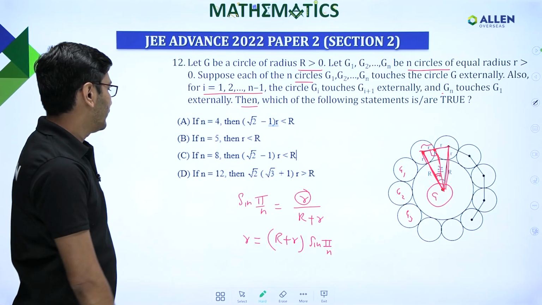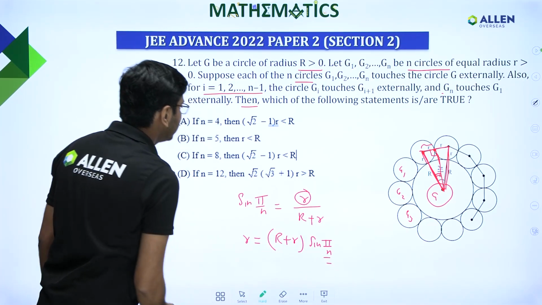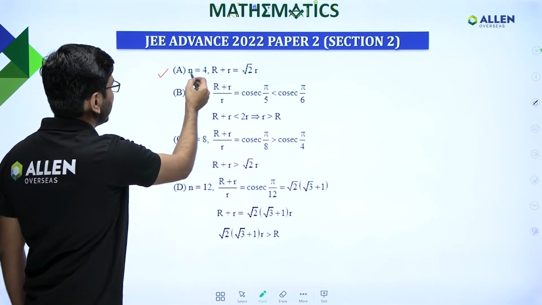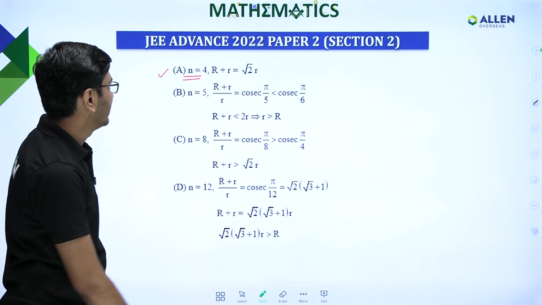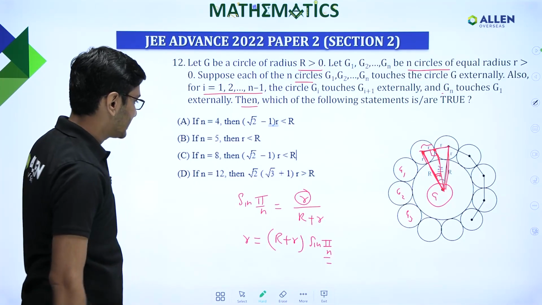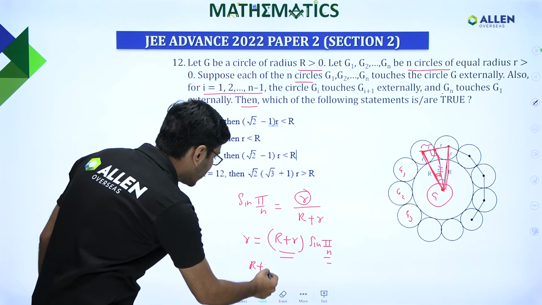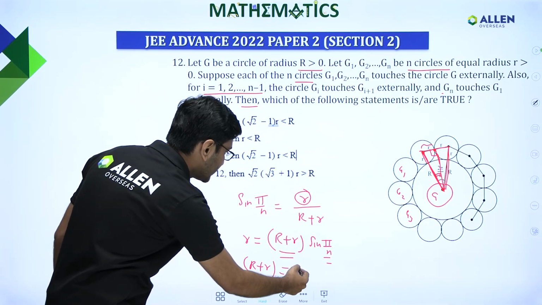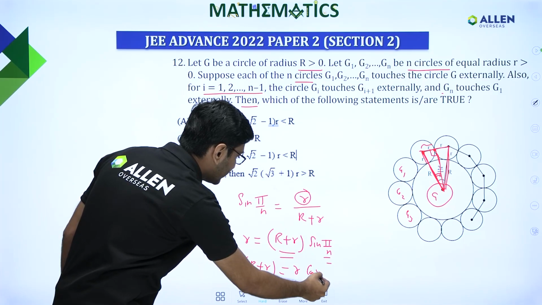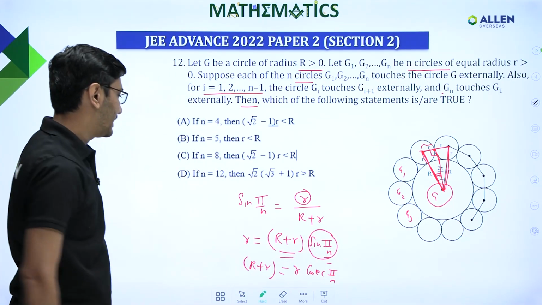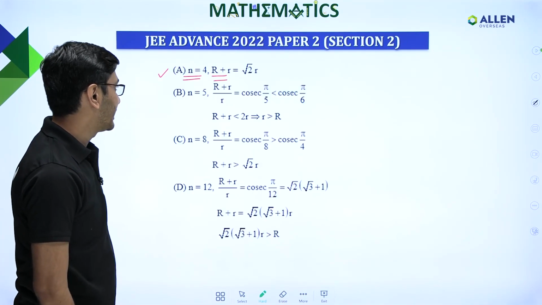Okay. So now for different values of n, let us check which options are correct. For option A, if n is equal to 4, then how much will I get for capital R plus small r, which we just calculated here? I will get small r into cosec of pi by n. Am I right? Because if I divide by the sine of pi by n here, I will get small r times cosec of pi by n.